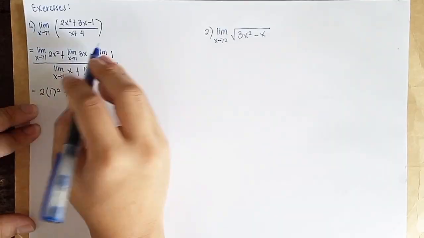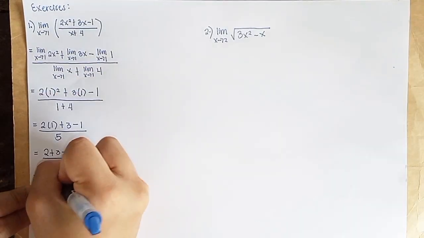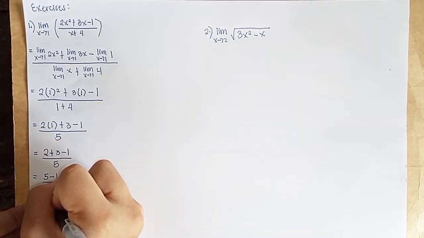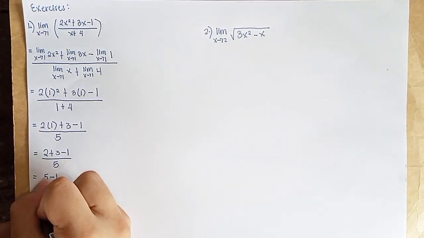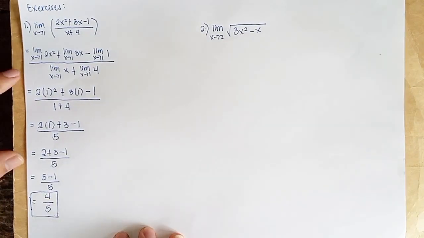So let's substitute the value of our x, which is 1. So 2 times 1 squared plus 3 times 1 minus 1 over 1 plus 4. Since 1 times 1 is 1, therefore 2 times 1 plus 3 minus 1 over 5. So 2 times 1 is equal to 2 plus 3 minus 1.